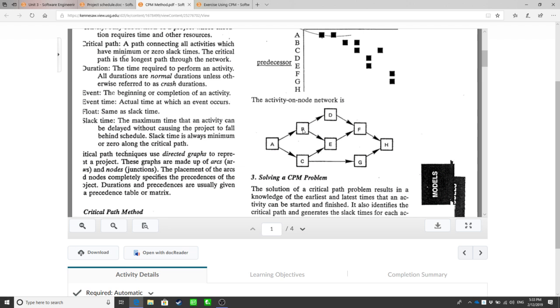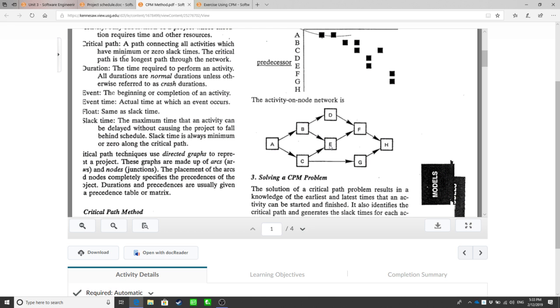Like E, for example. No. F is the successor of E, and B and C are the predecessors of E. What happened before is called predecessor.